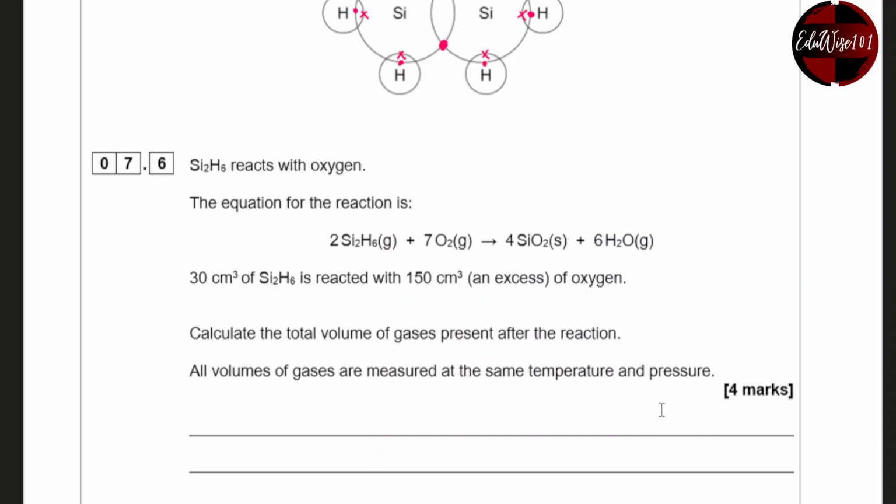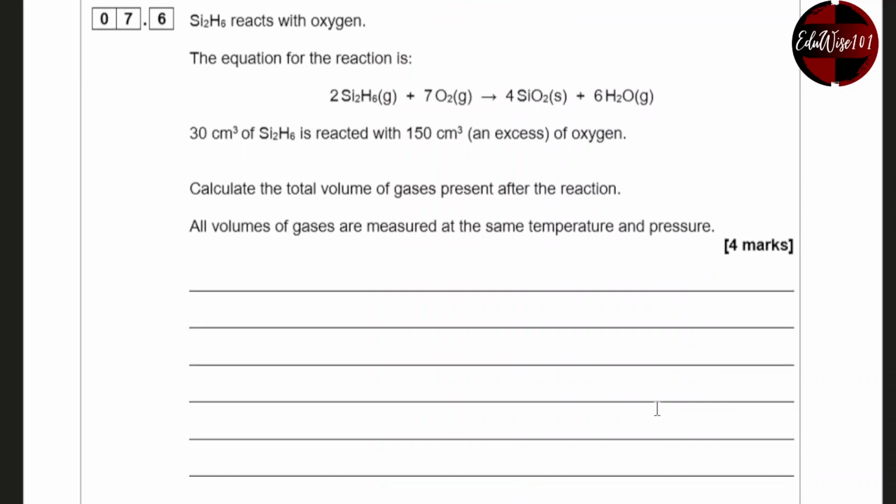SiH6 reacts with oxygen. The equation for the reaction is 2SiH6, which is a gas, reacts with 7 oxygen, gas again, to give 4 silicon dioxide, solid, plus 6 H2O, gas. 30 centimeter cube of SiH6 is reacting with 150 centimeter cube of oxygen, which is an excess.